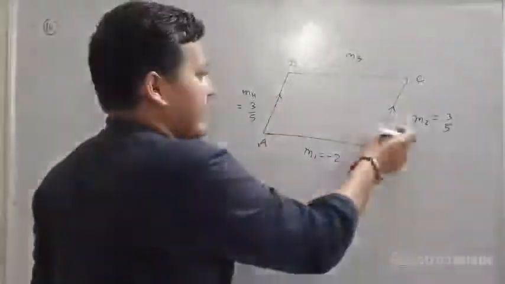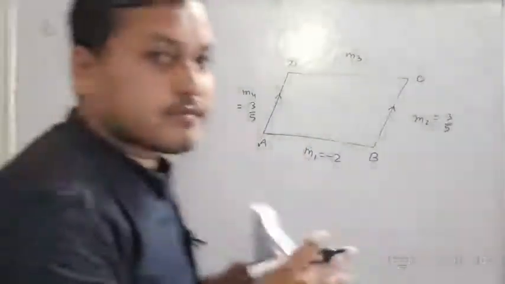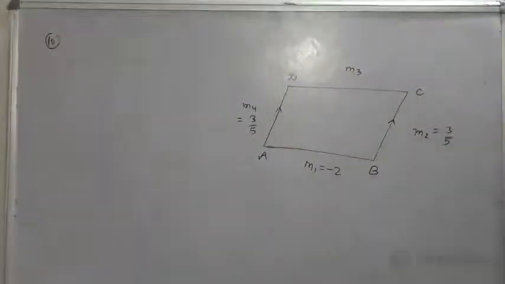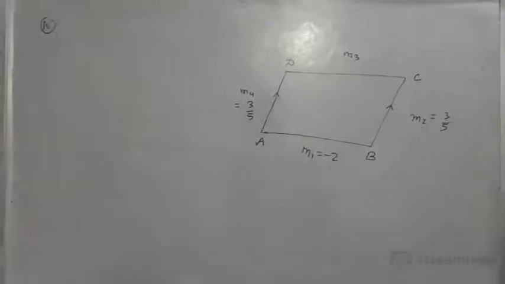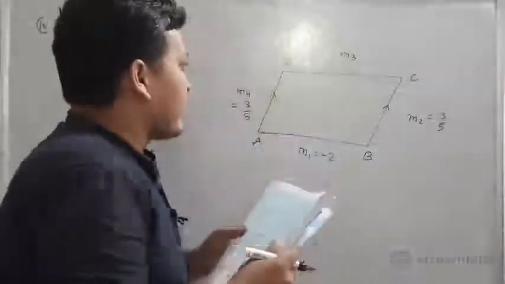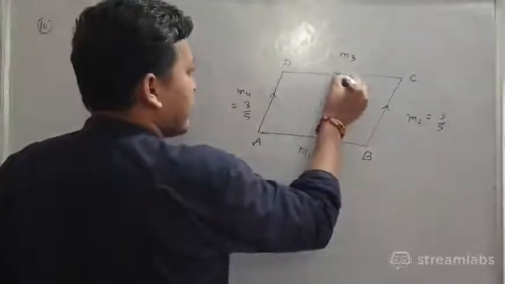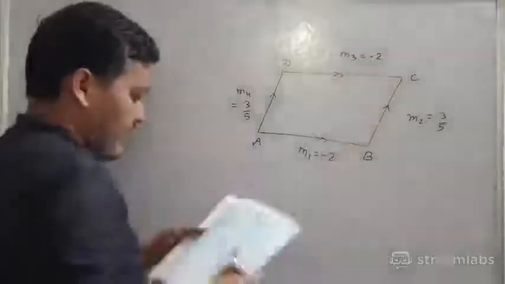As you know, lines that are parallel have equal slopes. Next, find the slope of CD. These two lines AB and CD are parallel, so their slopes are also equal. So its slope is also -2.